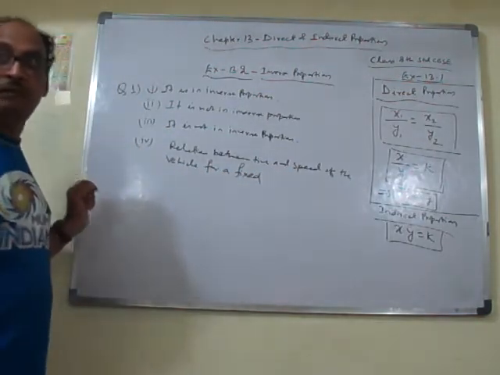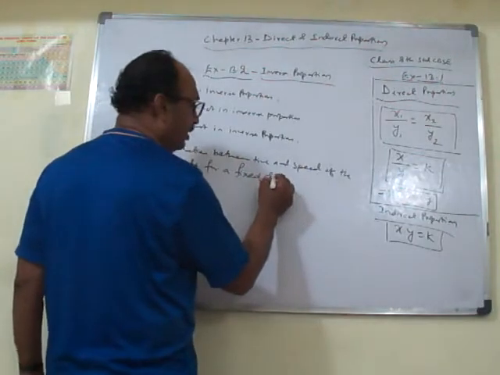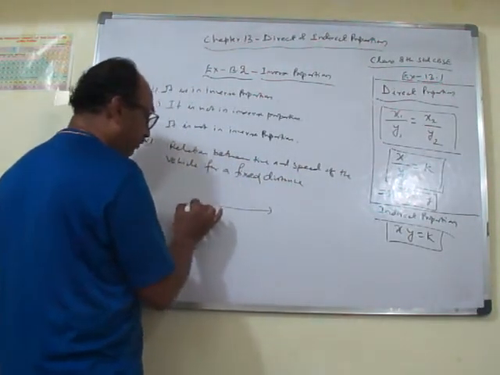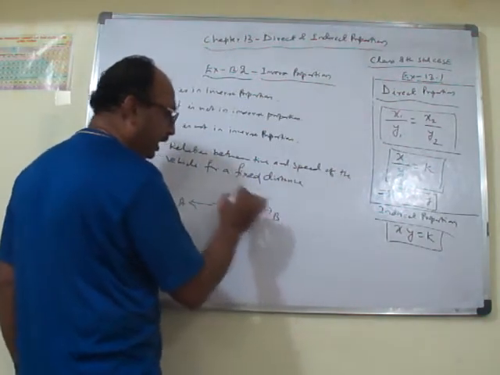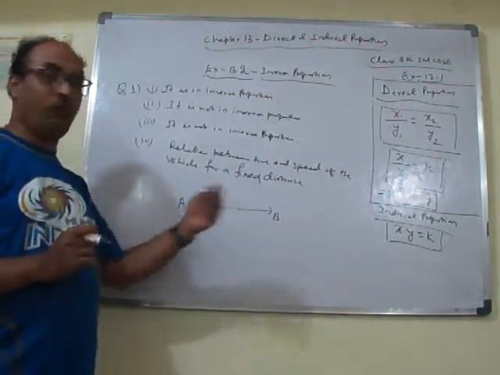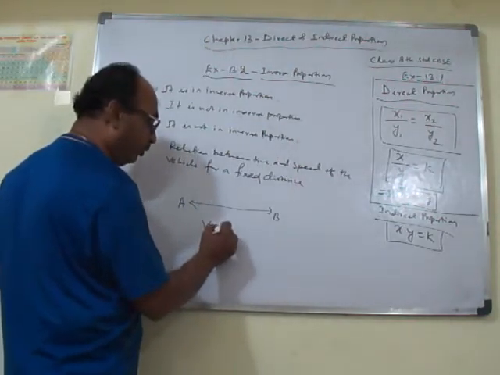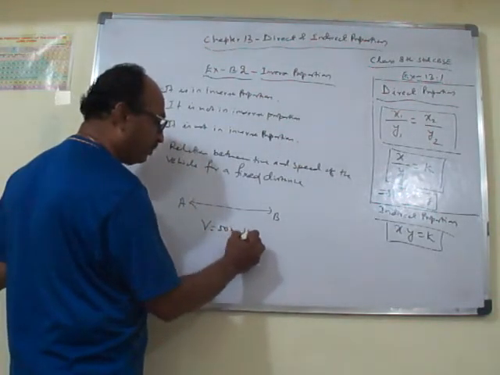Fixed journey means fixed distance. As I told you earlier, if the distance between two places is A and B, and the vehicle is moving with some velocity V equal to 50 km per hour.